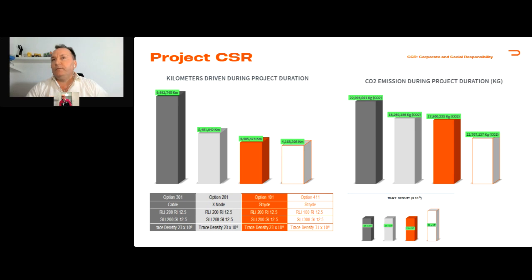I want to insist on that because not only have we designed an option with double density and a little bit less density of source point, which is providing the customer with 31 million traces per square, but the fact that we are not focusing on higher possible source effort means that we are saving fuel consumption, we are saving kilometers driven, and we are reducing by 2 the CO2 emission.